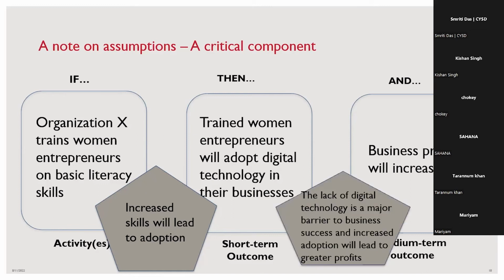And then we have another assumption here, which is between the adoption of digital technology and business profits. Of course, kind of a clear implicit assumption that we made here is that the lack of digital technology is a major barrier to business success, right? And the adoption of digital technology will by itself be enough to lead to greater profits.